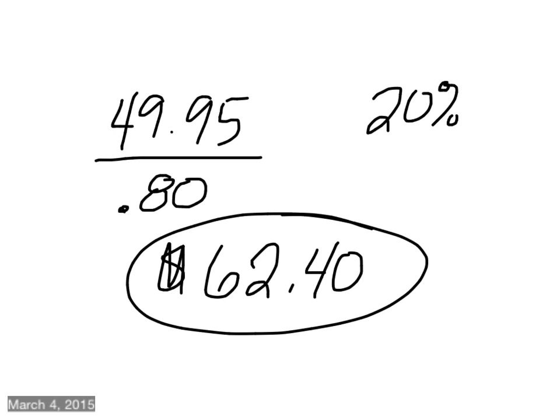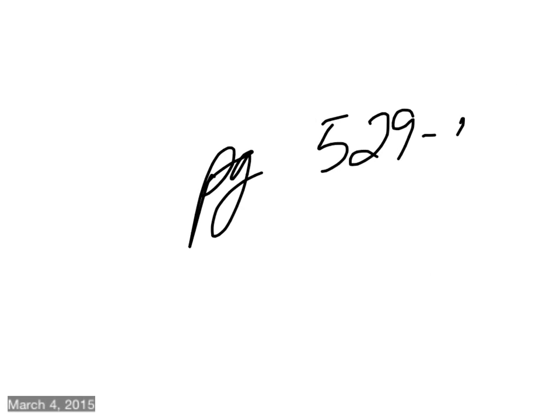And 14, 15, and 16 have a little bit more than just one part to do. Anybody have any questions on how to figure out the selling price? All right. So then it goes on page 529 to 530, 1 through 16.